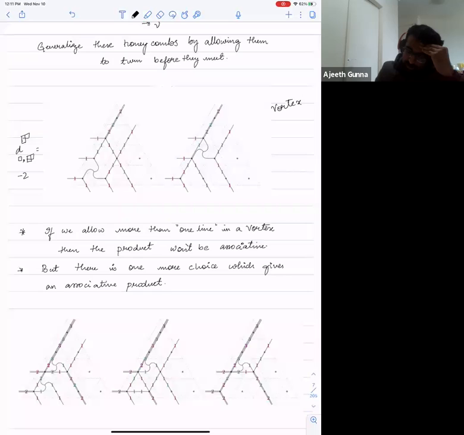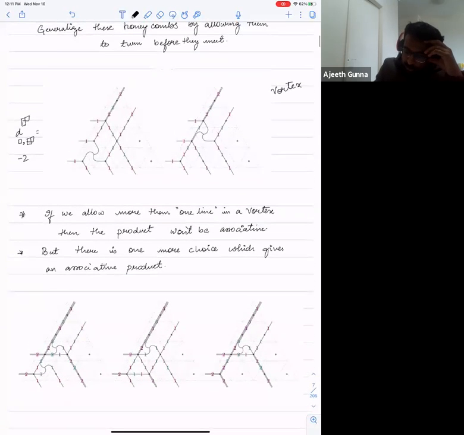You can allow more lines, but the problem is that the product this will define won't be associative anymore. So these compute the structure constants for these polynomials.